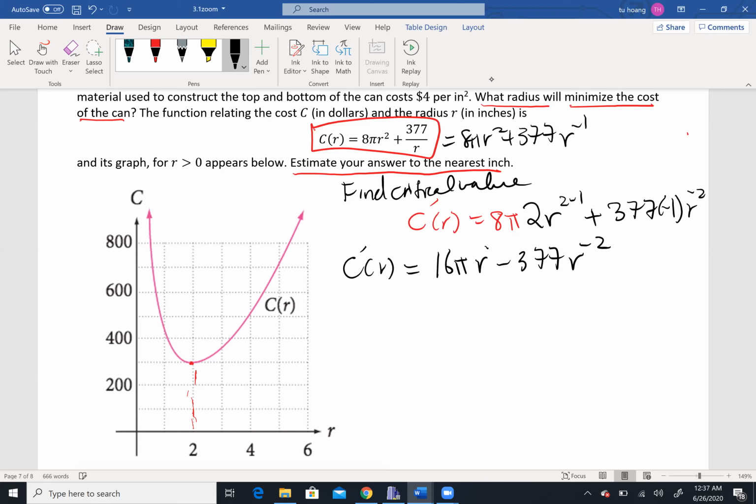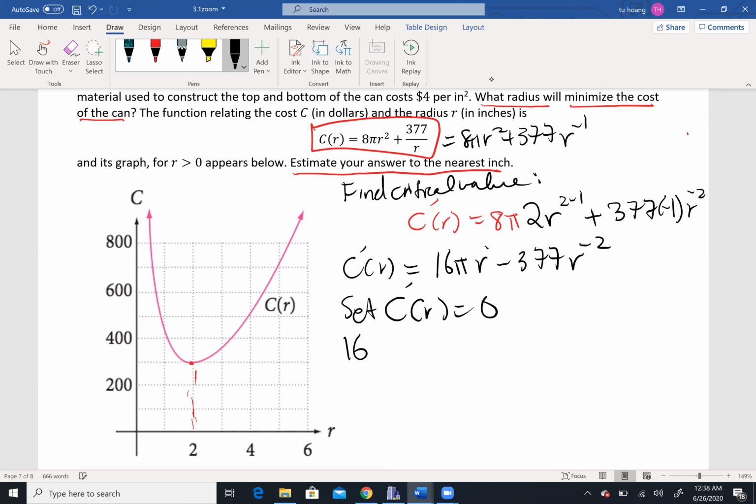And in order to find the critical value, you need to find the derivative function, and then you will set the derivative of r equal to 0, and solve for r to get the critical value. Okay, so let's set it up.